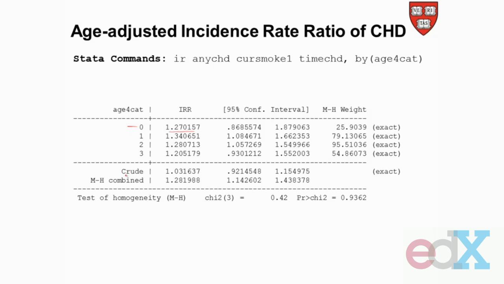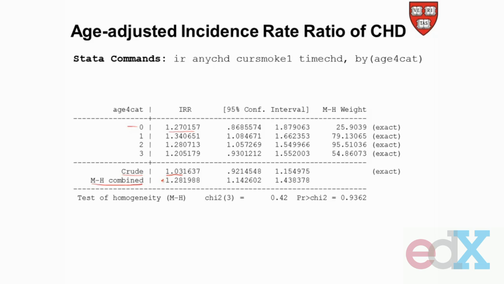If we look at the bottom, there's the crude incidence rate ratio, which is right here, and that's 1.03, which is exactly the same as what we calculated earlier. Right below the crude, we can see the Mantel-Haenszel combined, that's MH combined effect estimate. And this is the incidence rate ratio of CHD adjusted for age.